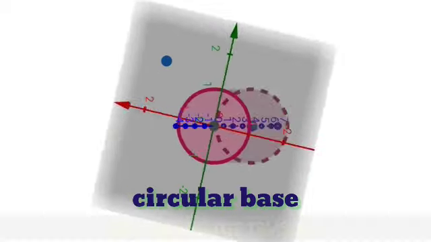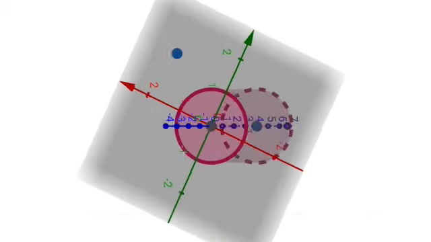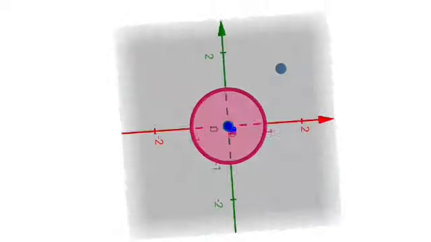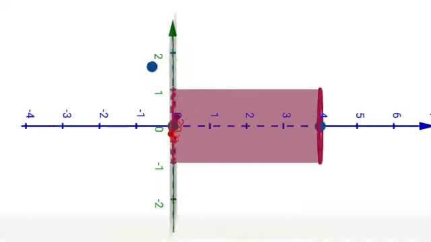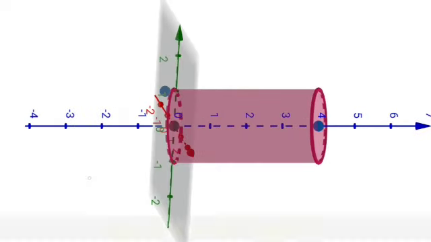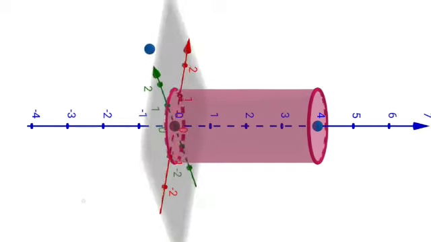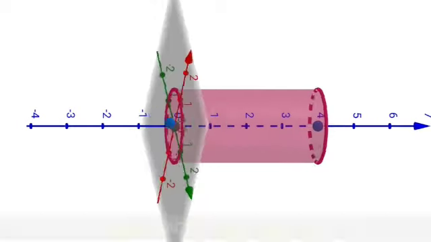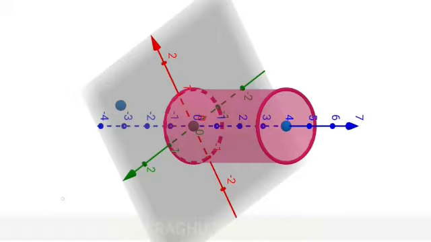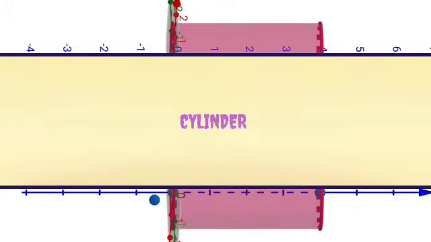So thus it has a circular base and the height which is spreading over, which is a three-dimensional object which spreads lengthwise, breadthwise and heightwise.